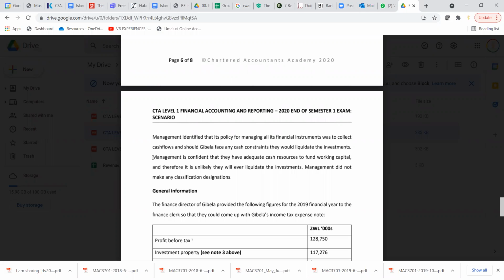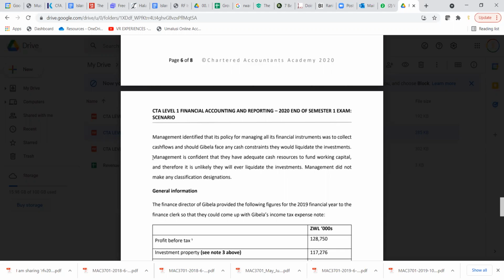Criteria number 2 is that the contractual cash flows are solely payments of interest and principal. We are getting a principal amount. We're not getting interest, we're getting a dividend. You must tell them that the dividend does not represent a cash flow as a result of credit risk. So therefore, criteria number 2 is not met for the preference shares.